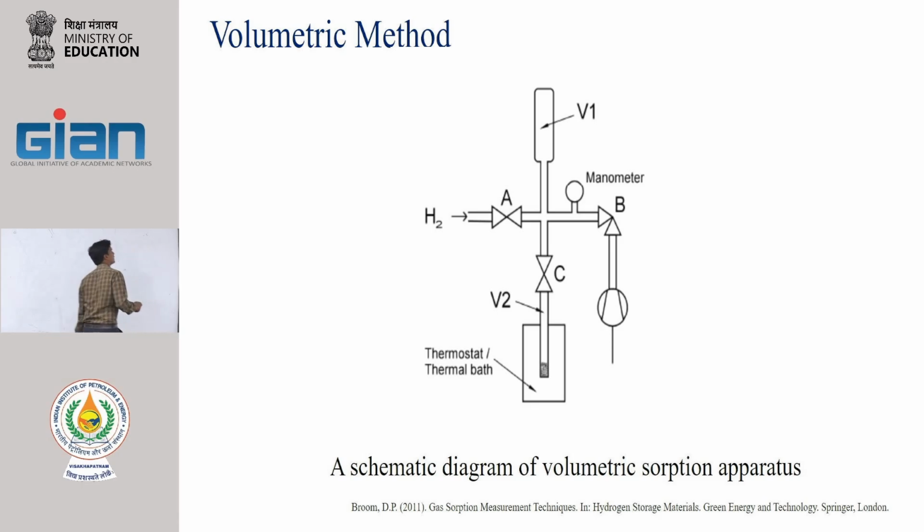Now you close valve C and valve B, and open valve A. The gas that enters goes into chamber V1. That's perfect.